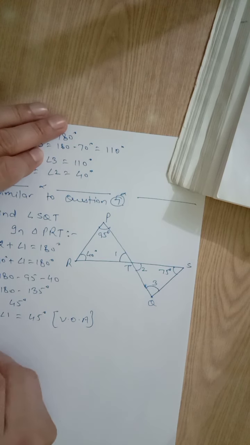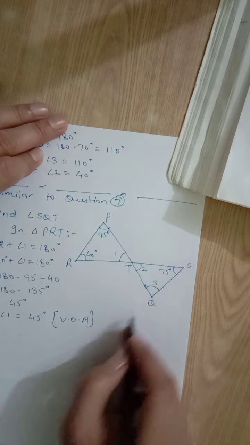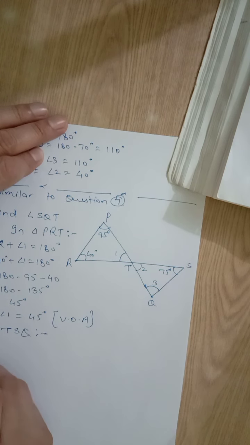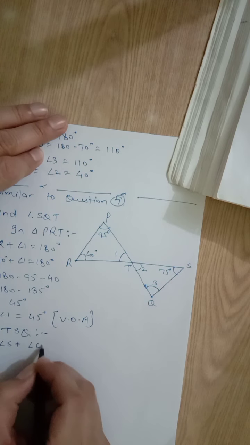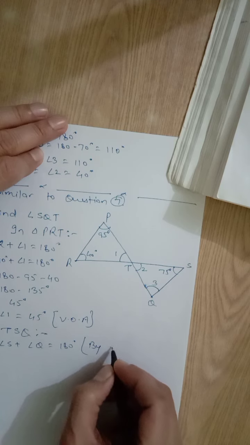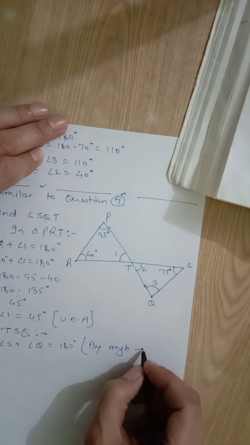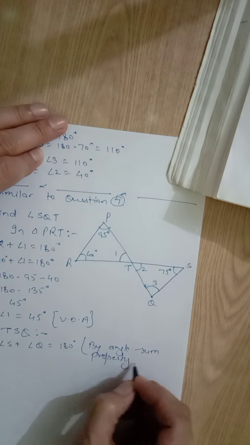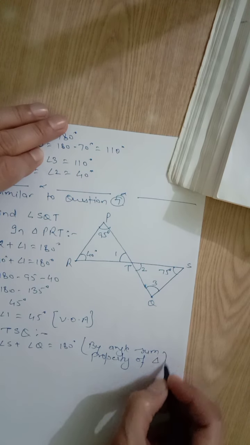Now in triangle TSQ, what we have? Angle 2 plus angle S plus angle Q is 180 degree. I will write here by angle sum property of triangle.